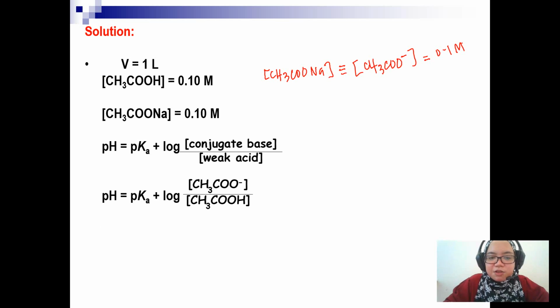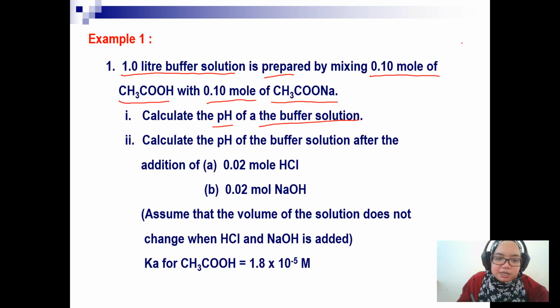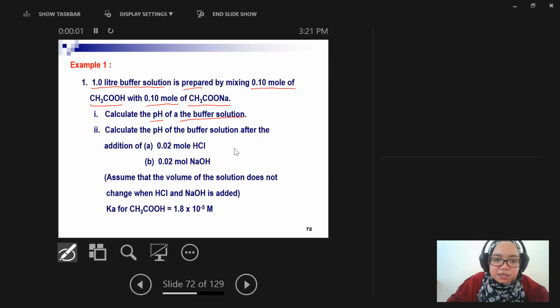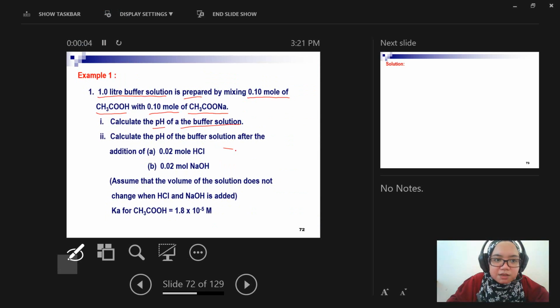Okay, the previous question said, and then it asks to calculate. Where is mine? So just now it asked, oops, what happened? What did I press? Oh my god. What did I do?